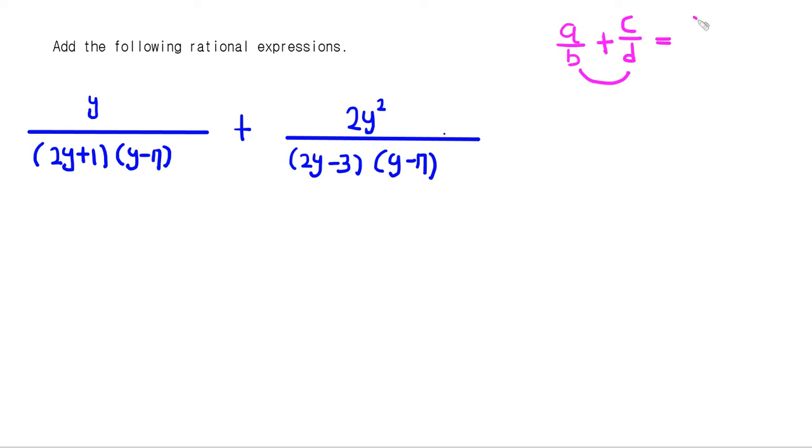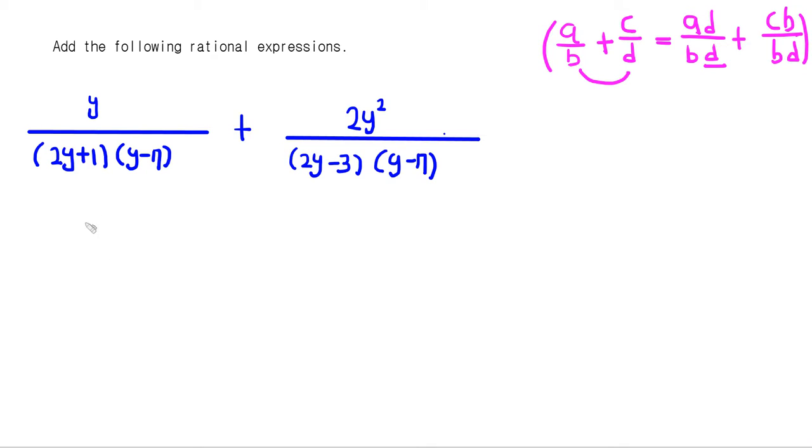So it will be a over bd, but since we multiplied d in the denominator, we also need to multiply d in the numerator, so that if we cancel the numerator and denominator, we get the original expression. For c over d, we're going to do bd, but since we multiplied b in the denominator, we also need to multiply b in the numerator. So let's apply these properties to this question.